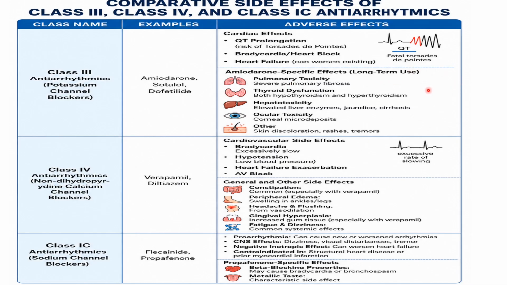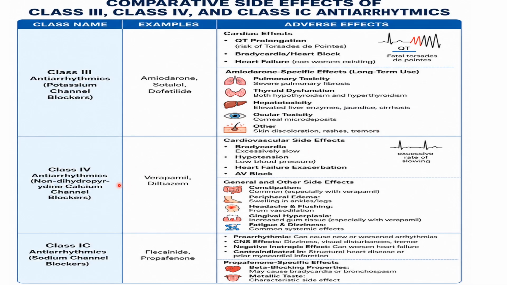And when you talk about amiodarone, specifically it causes pulmonary toxicity, thyroid dysfunction, hepatotoxicity, ocular toxicity. All these toxicities are concerned with amiodarone more specifically, along with skin discoloration, rashes and tremors.